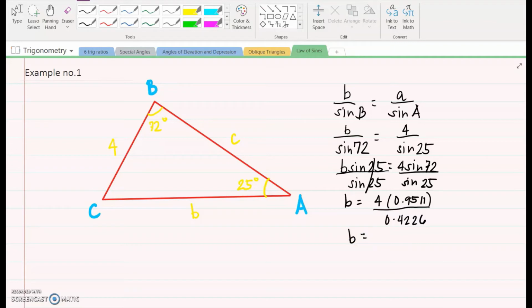So we can directly multiply it now. So 4 times 0.9511 divided by 0.4226. So B is equal to 9.0002, or 9.